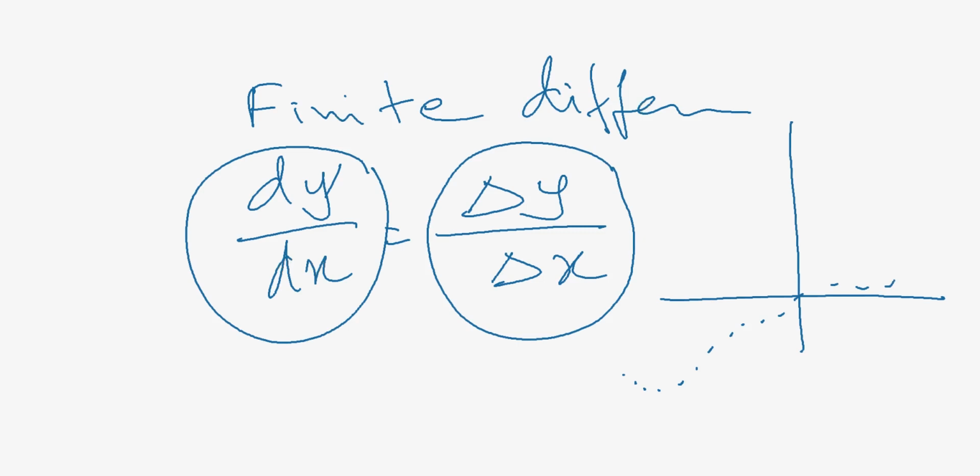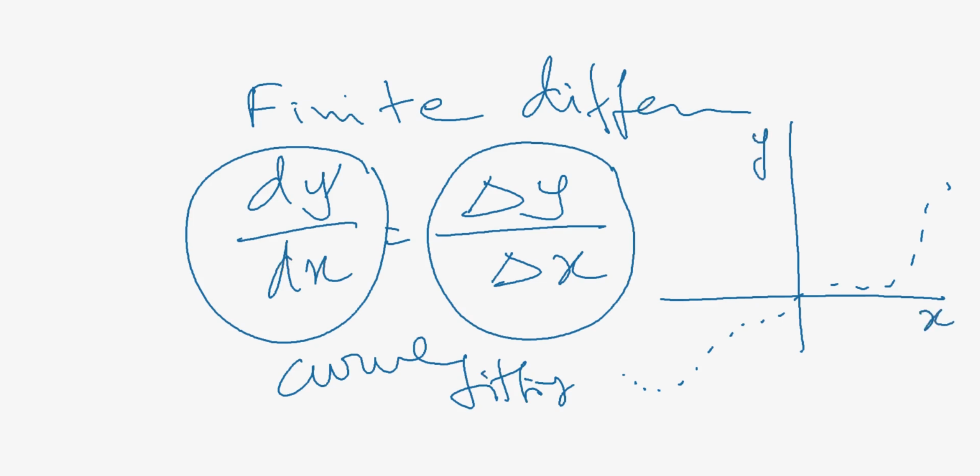And also what we can do, let's say you have data points, let's plot that and make a curve fitting. Let's say the curve fitting fits a polynomial. The function y of x is proportional up to the order of x power 7. Then we can fit a polynomial in x power 7.